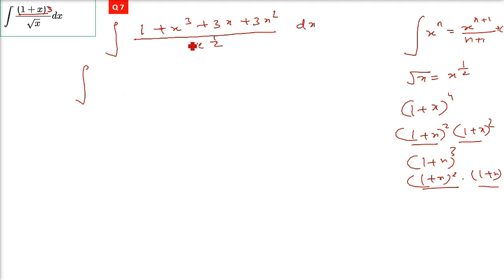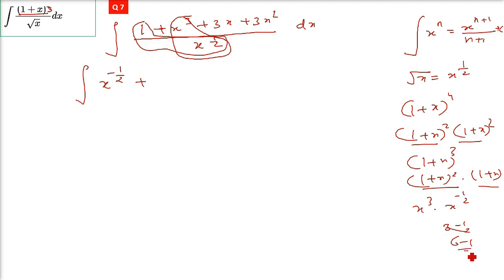Now separate them out. 1 by x to the power half. Then x half in the denominator will go up and form x raised negative half. X cube divided by x half: you have x cube and then x half will go up. So 3 minus half it will be. 3 minus half is 6 minus 1 by 2, that is going to be 5 by 2. So we have x raised 5 by 2.